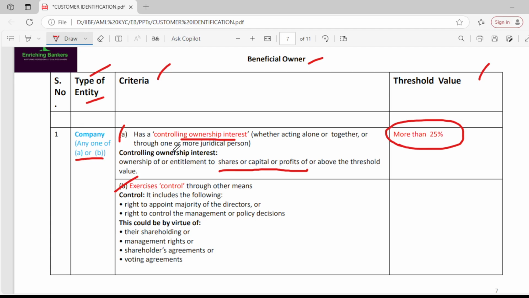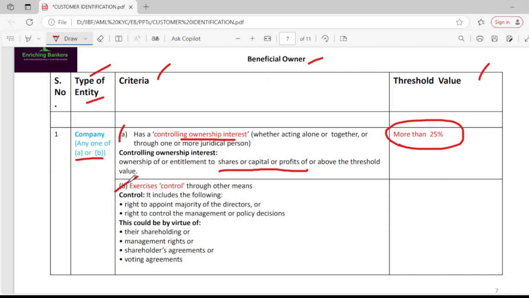I repeat it, any natural person who has more than 25% of ownership interest in terms of shares or capital or profits in the company can be treated as beneficial owner.